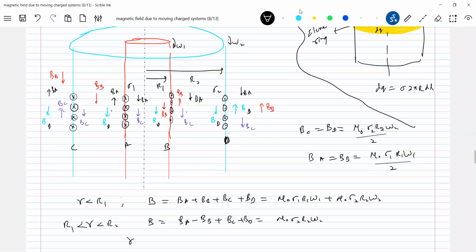Now for R greater than R2, shall I say 0? Getting the idea? So the superposition.